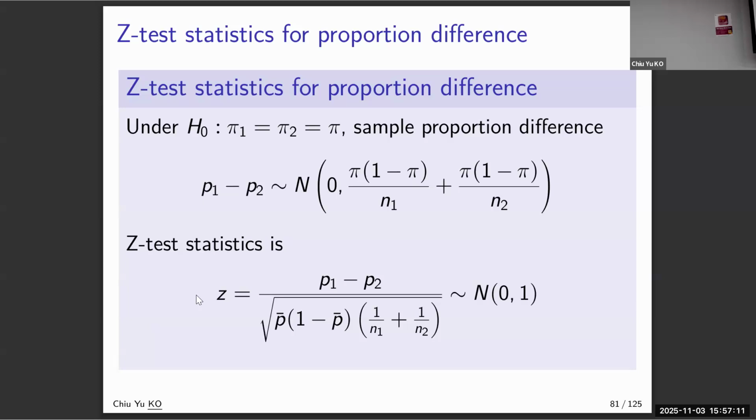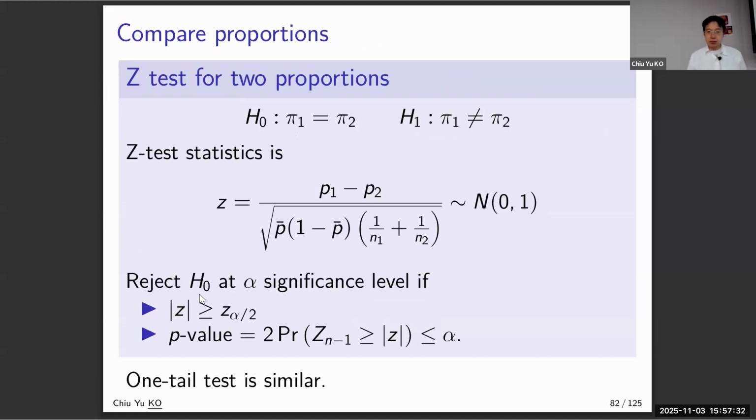Because this is our P bar times what's that? It's actually sigma or Sp squared, the pooled variance idea. So this is the formula, and everyone's the same.